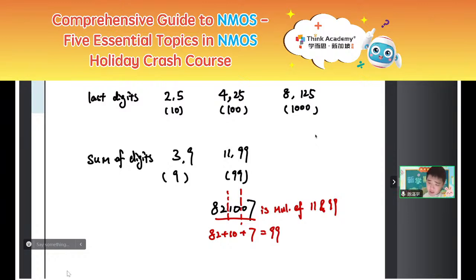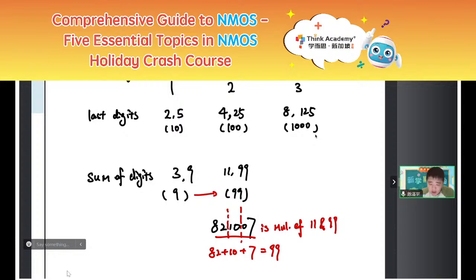And actually, you can see the pattern. First group is 3 and 9. The sum of the digits, they're all factors of 9, right? And for the second group, 11 and 99, you have to cut into two digit segments. They're all factors of 99. Well, actually, we still have another one. We still have the group of 999.